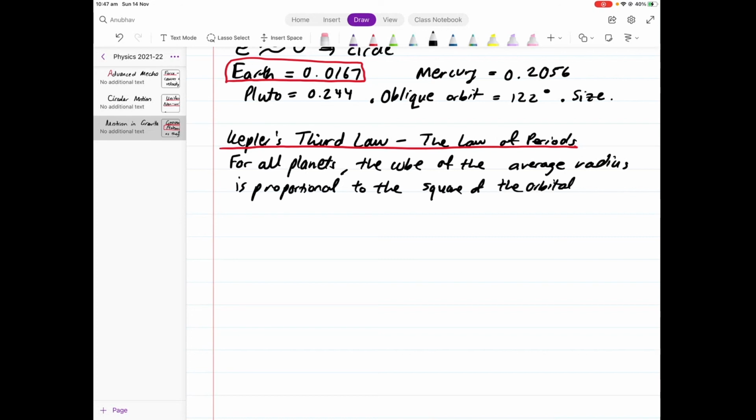We've already talked about what orbital period is. It's the time taken to go around the orbiting object, so for example the Sun. And if you wanted to put this another way, r cubed on T squared is equal to k, which is a constant.